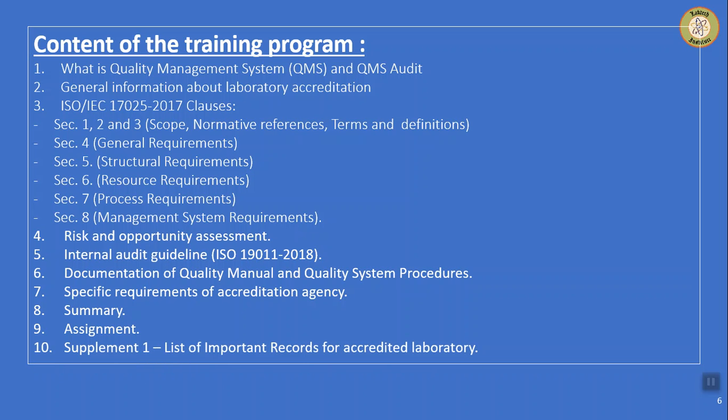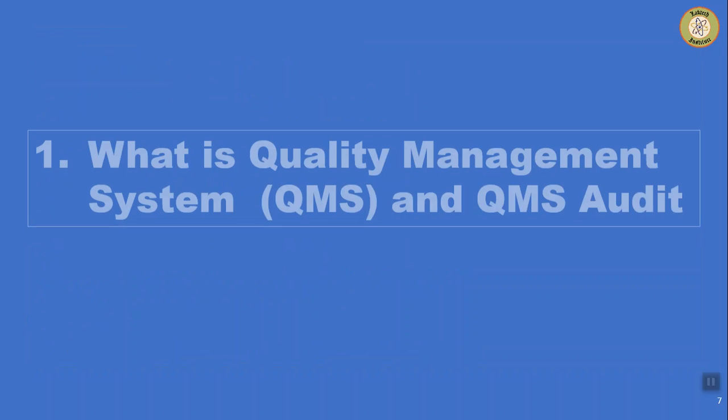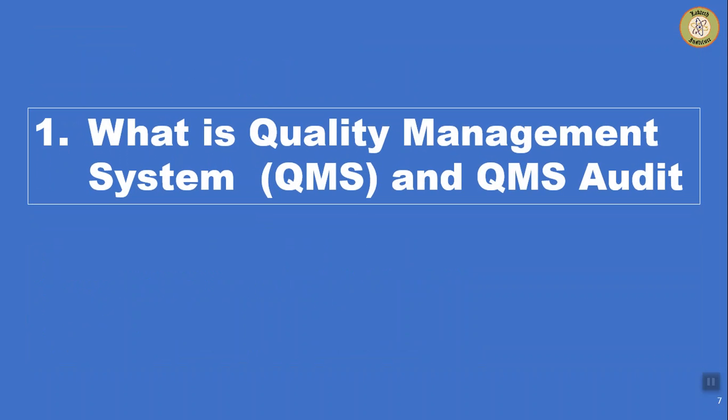And then there is a supplement section, which is list of important records for accredited laboratory. So here how the section comes one by one, we'll just glance through, and only few sections will be elaborated here so that you can get a feel of the actual training program.